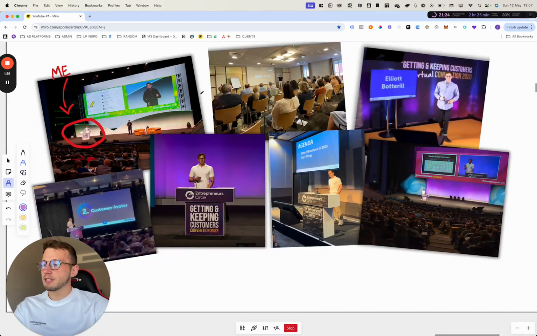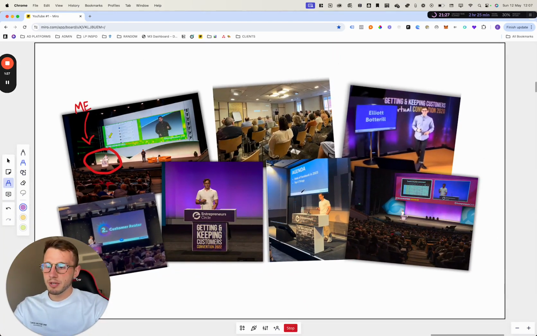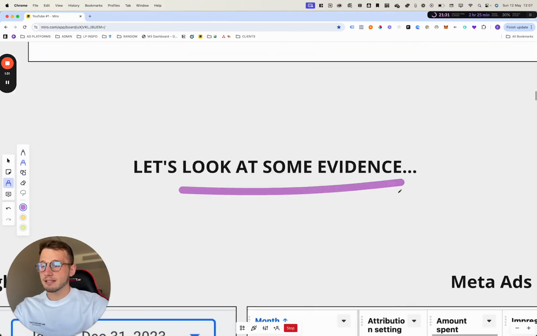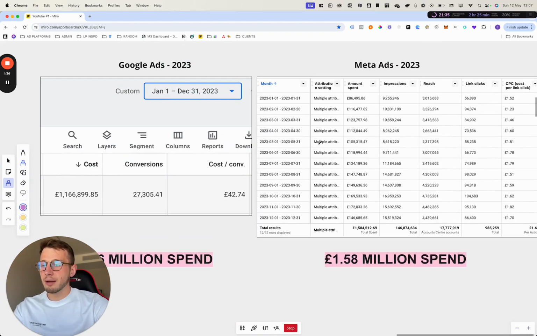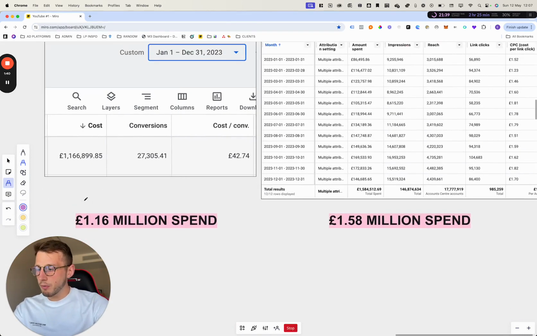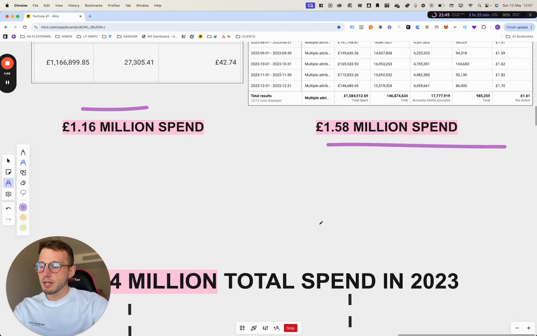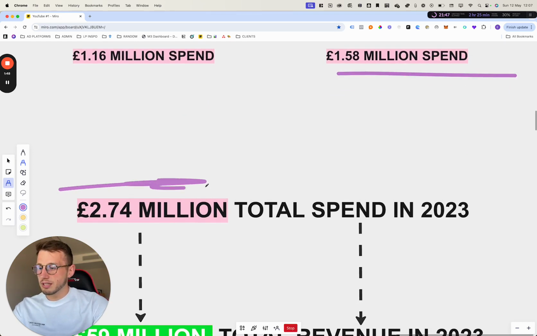I am lucky enough to get to travel around and speak about this topic because I'm a nerd and love it so much. And just to further bring a little bit of evidence, in 2023, these are some snapshots from our Google Ads and Meta Ads agency accounts. We spent about 1.16 million on Google Ads, about 1.58 on this particular Facebook ad account as well, meaning a total of 2.74 spent.